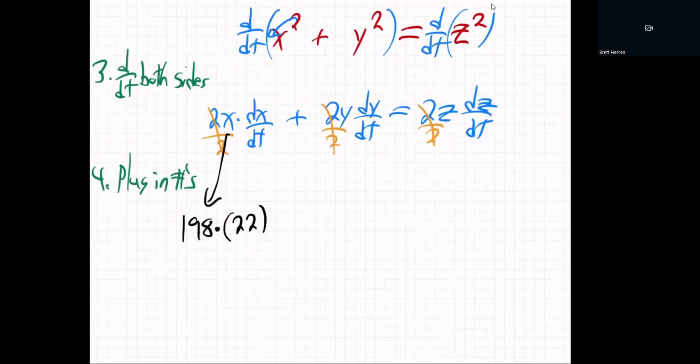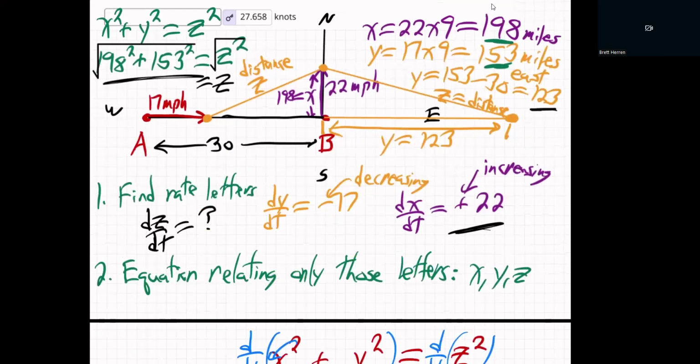Y is 123 miles away from the intersection. And then dy/dt. Oh, wait a minute. Hold everything. This dy/dt is going to actually be increasing, isn't it? I have to make that positive.